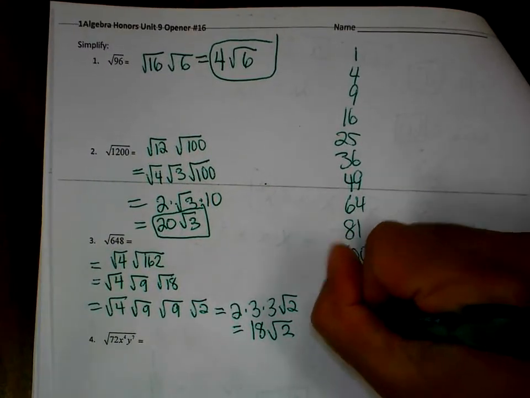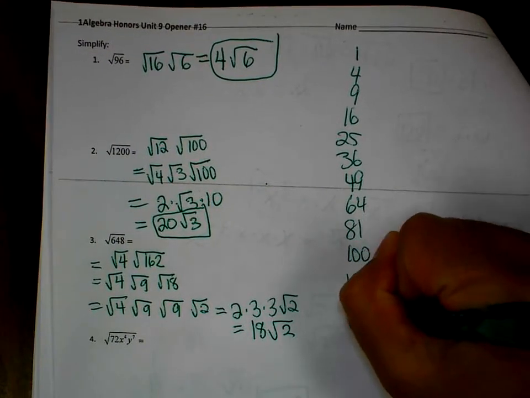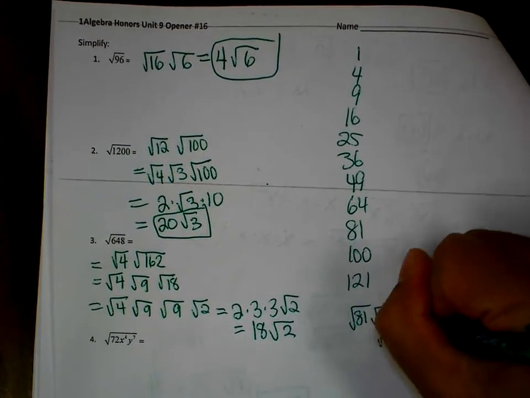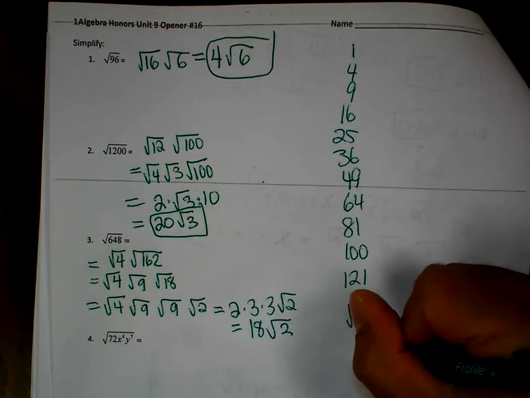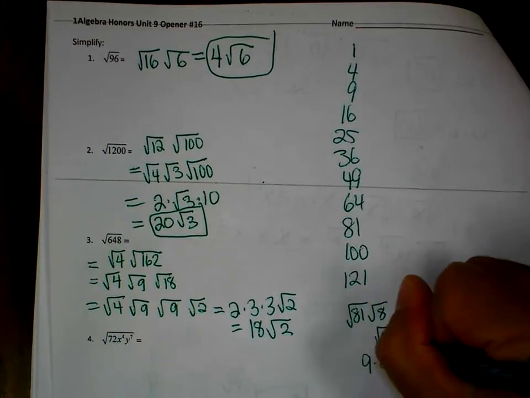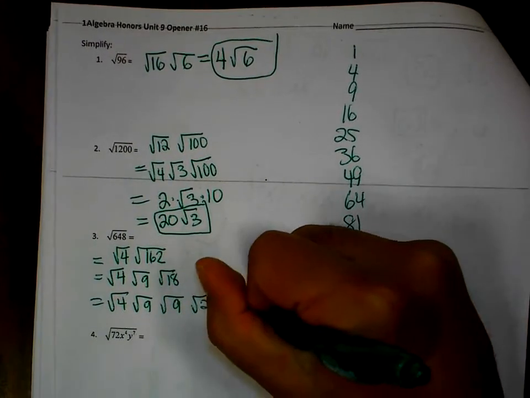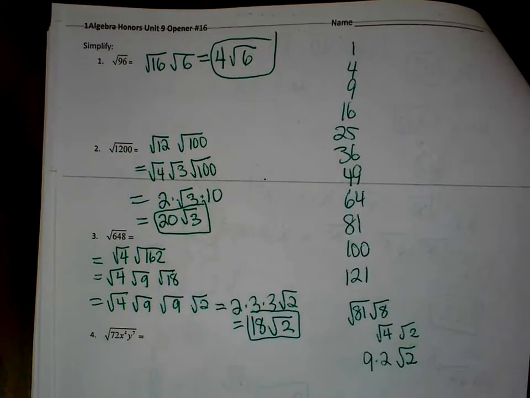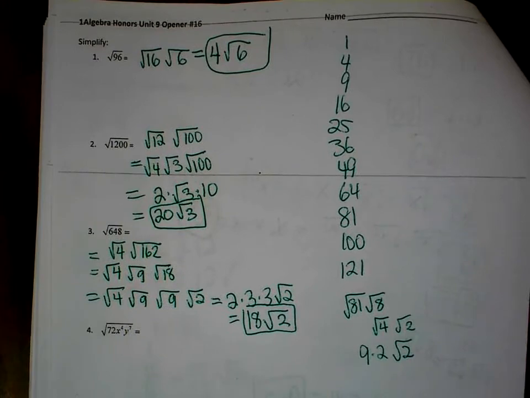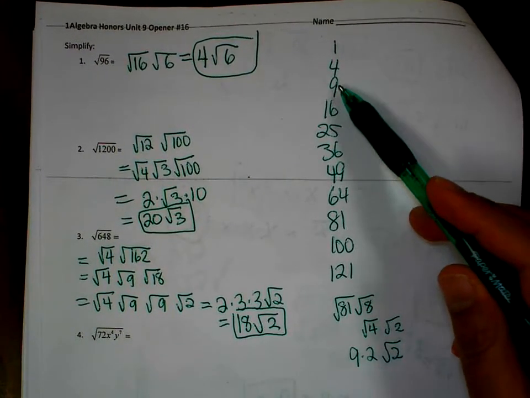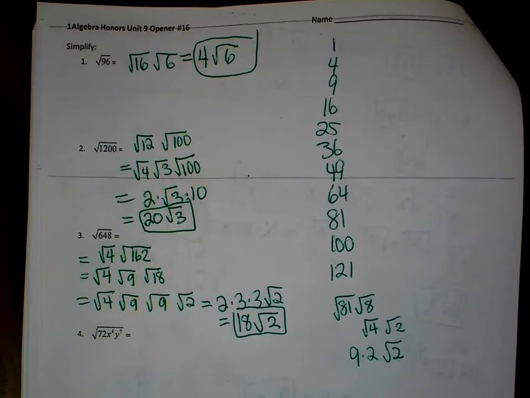So square root of 81 times square root of 8 would have been a little easier, because then I could have broken this down to square root of 4, square root of 2, and I would have ended up with 9 times 2 root 2. Much fewer steps. But it's up to you. You just need to remember to keep looking for perfect squares until you get to numbers where you know there are no factors in them that are perfect squares.